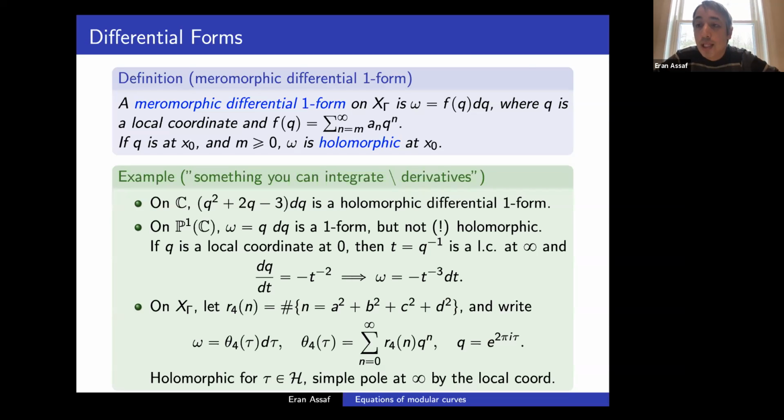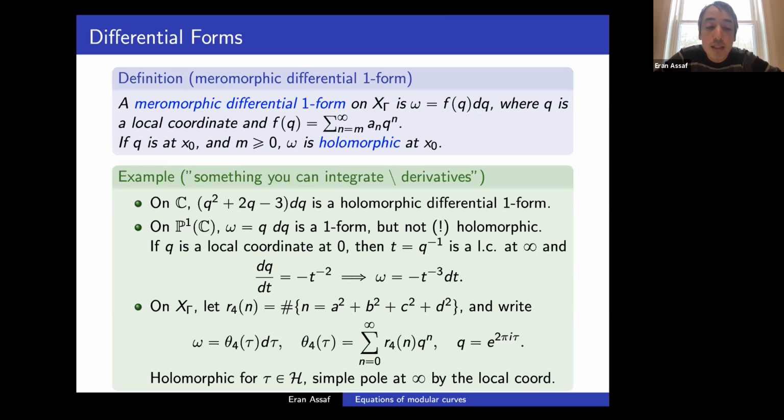Here's an example that is more related to our case. I'm not saying what gamma is yet, but we're looking at some modular curve X_gamma. We let r4(n) be the number of ways to represent n as a sum of 4 squares. We look at the function theta4(tau), which is a power series whose coefficients are these r4(n), these numbers of representations, times q to the n, where q is our local coordinate at infinity.